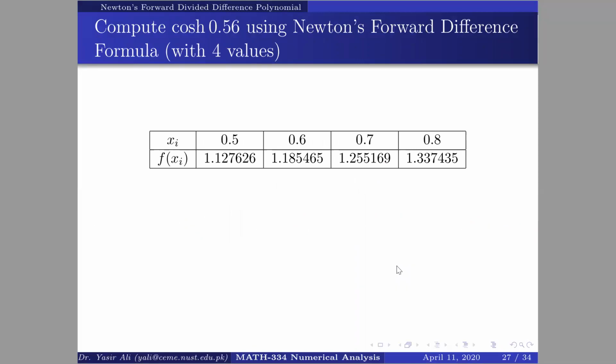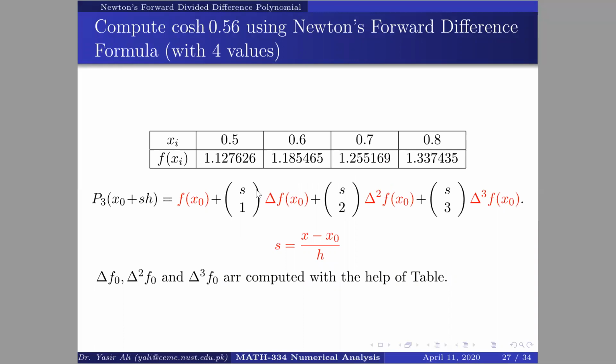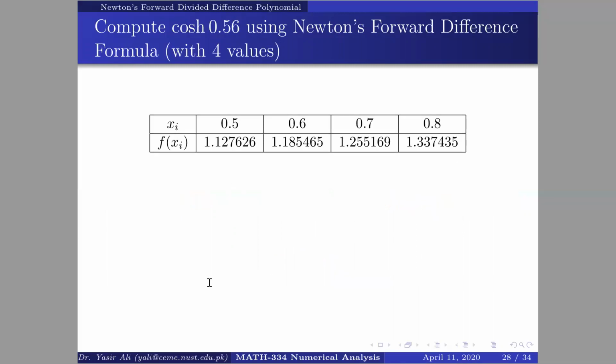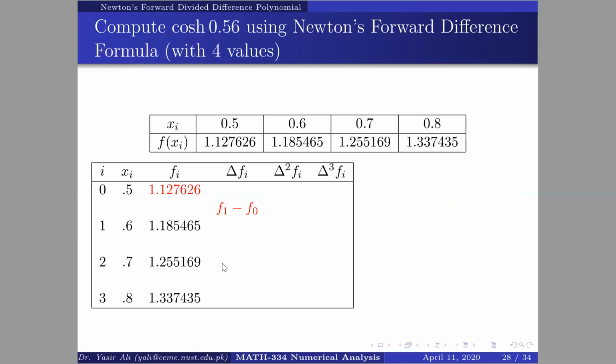So let's try to solve an example. Data is given to us for these points, and we have to find a polynomial where s can be calculated like this. Delta f naught, delta square f naught, and delta cube f naught are what we require, and we can calculate them with the help of a table.